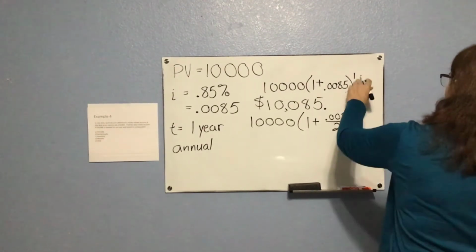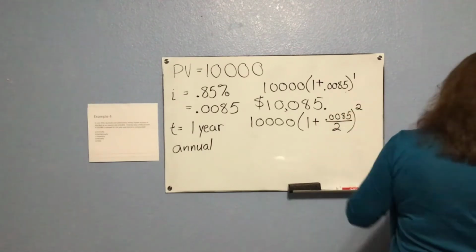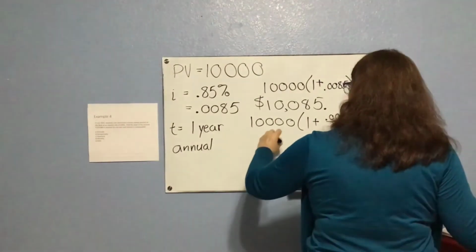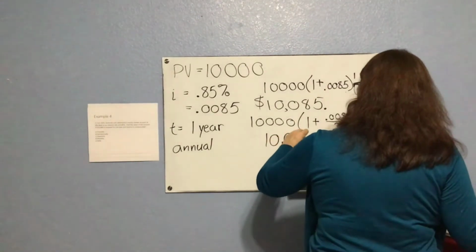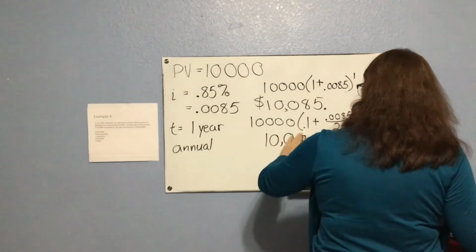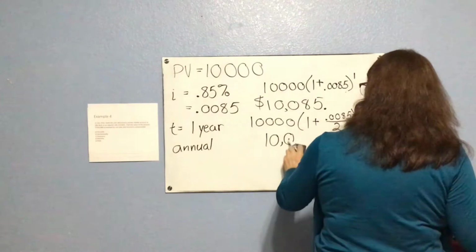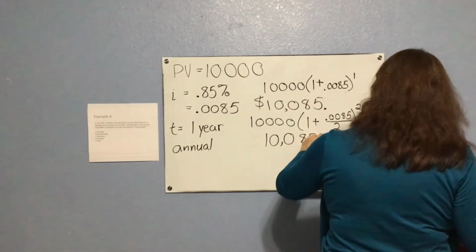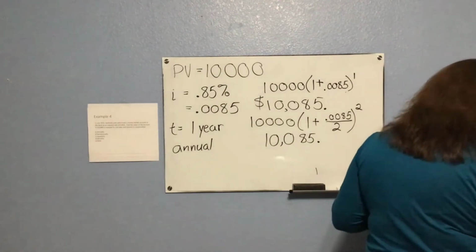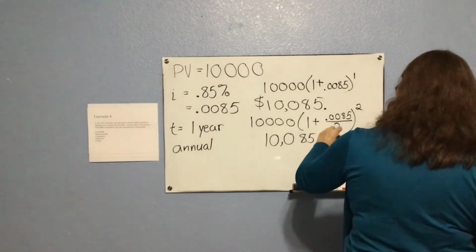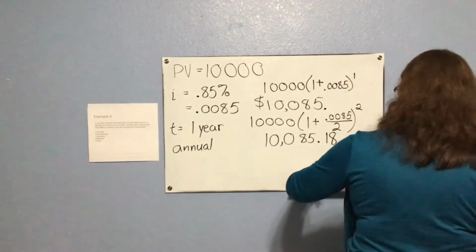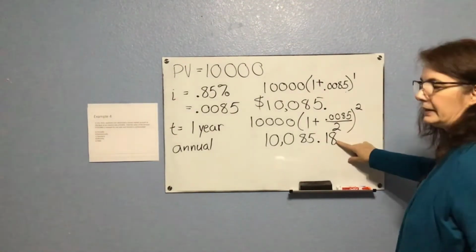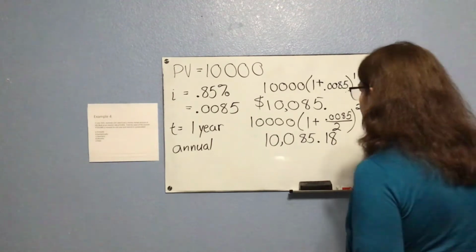Okay, but then I can change this from a 1 to a 2. And I get $10,085.18. So by doing 2 compoundings instead of 1, I make an extra 18 cents.